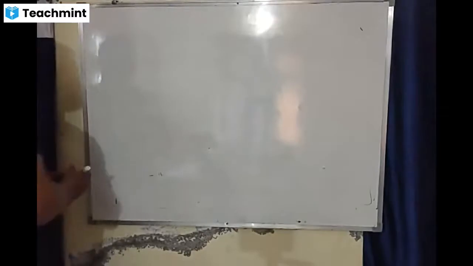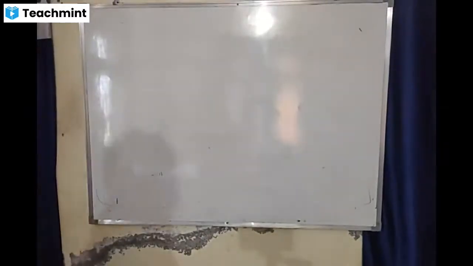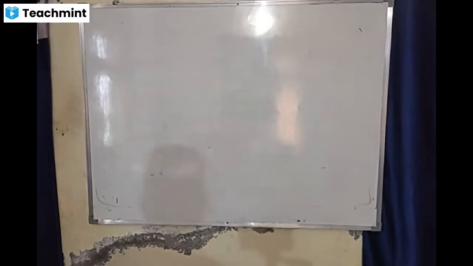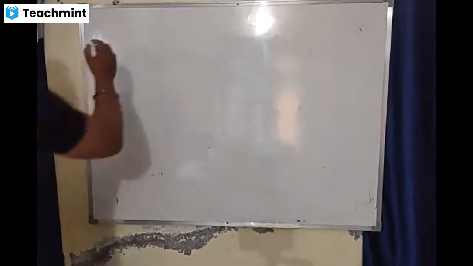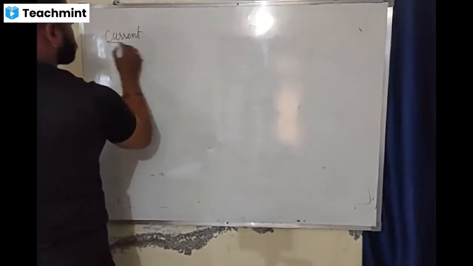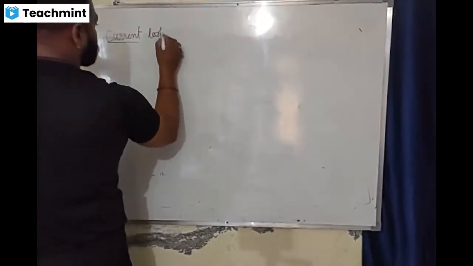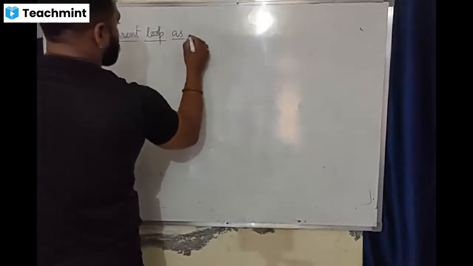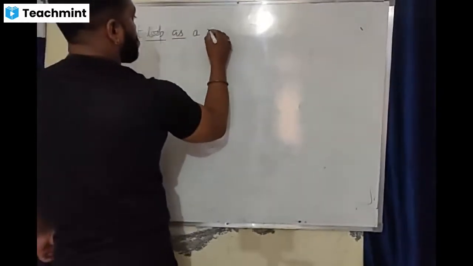You can write the heading: current loop as a magnetic dipole.